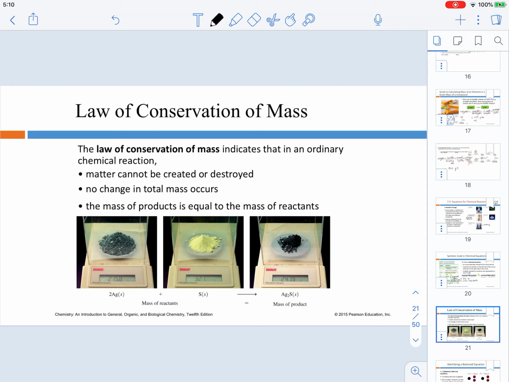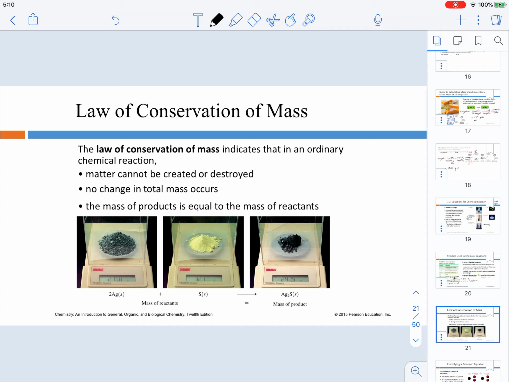Now, one of the things that is observed in chemistry is that chemical equations follow the law of conservation of mass. And the law of conservation of mass indicates that in an ordinary chemical reaction, no matter can be created or destroyed. What does this mean? That matter doesn't come out of nowhere and doesn't get destroyed and go into nothing.